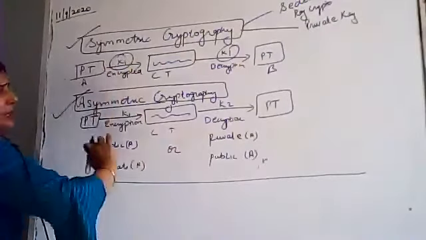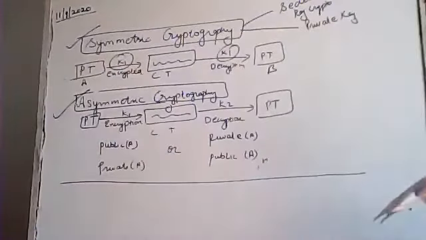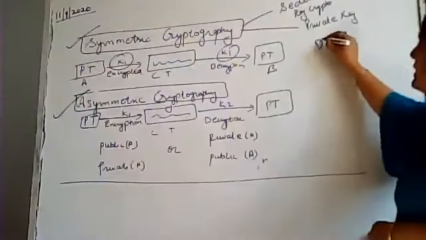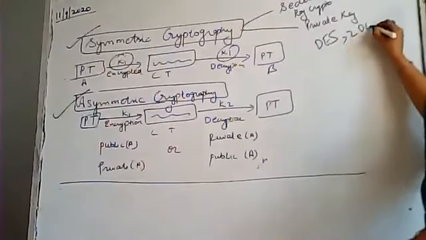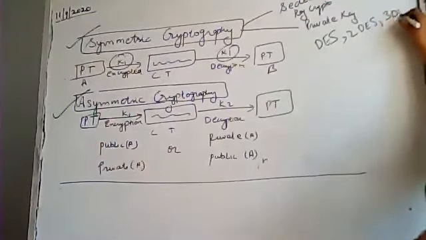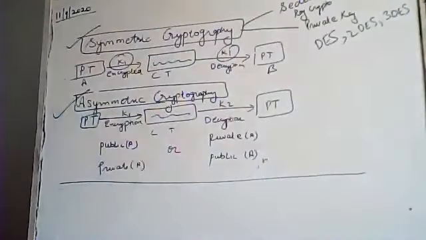In symmetric cryptography, we have done many algorithms, like DES. DES is one example of this type of algorithm. We have two DES, we have three DES. All these algorithms are types of symmetric cryptography. Clear? You have already noticed that in those algorithms we were using the same key for encryption and for decryption.